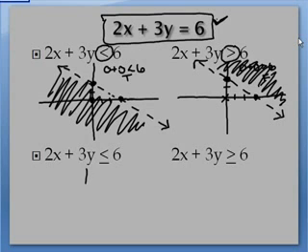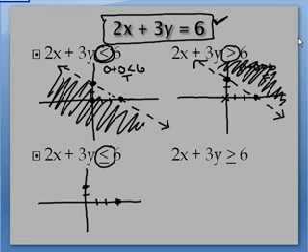This next one has a subtle little difference. The only difference is up here I had a less than, and here I have a less than or equal to. So when I go to draw the boundary line, which is still the same one, y-intercept 2, x-intercept 3, it can equal the points on the line now.